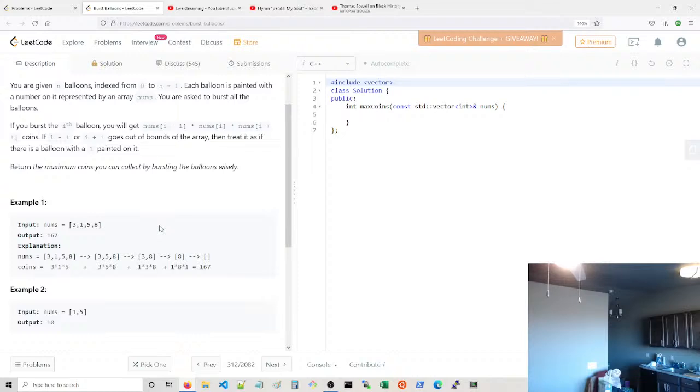Yeah, because you eliminate the larger one when you eliminate it, so you want to eliminate the smaller one first.